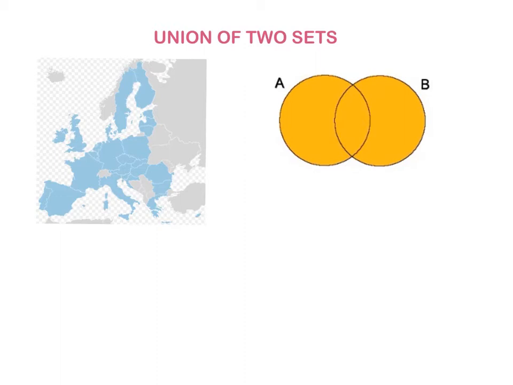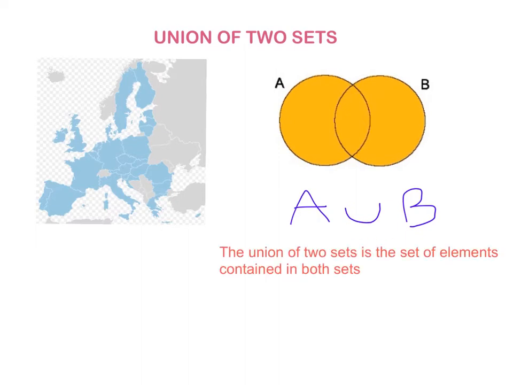Okay, so the notation for union is A union B, and this is like U. And this is the definition of the union. So you need to take down the definition, notation, and draw two circles and color them in, please.